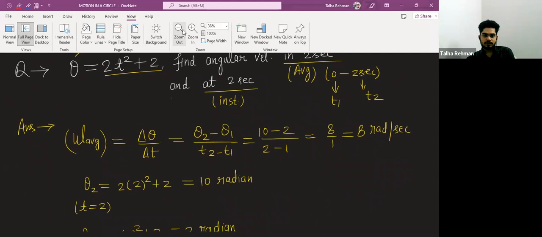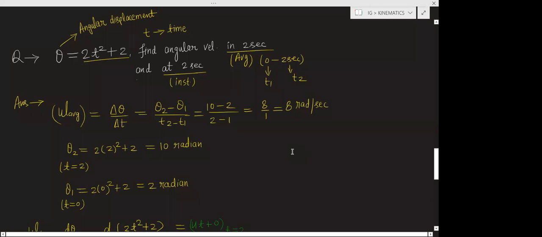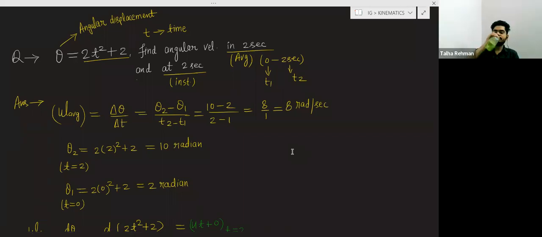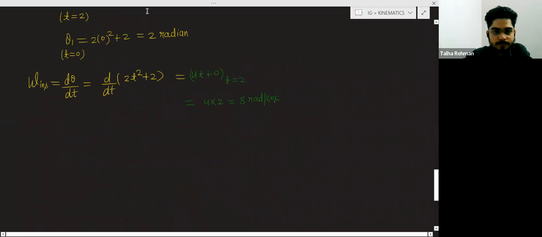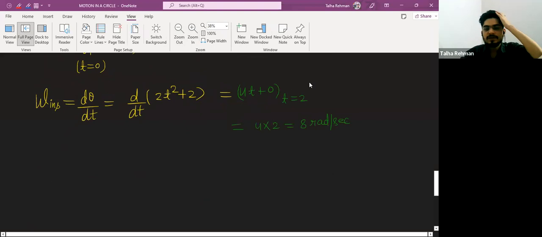Take the screenshot. Done. I am teaching slow today because this is the circular motion.